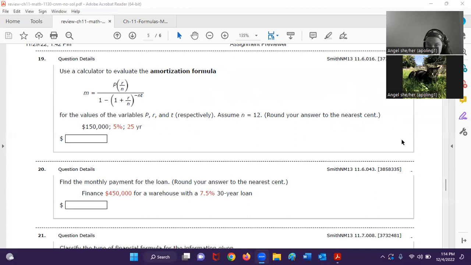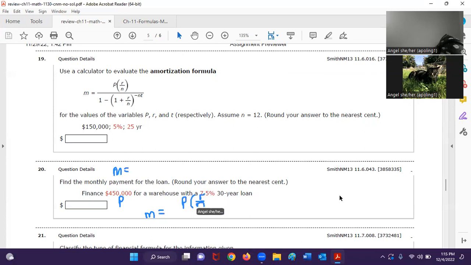Okay, number 20, we have find the monthly payment. So they tell us what to find. They tell us what we have. So M, and we're trying to finance this. So that's P, right? Let's see. We have that formula from before.